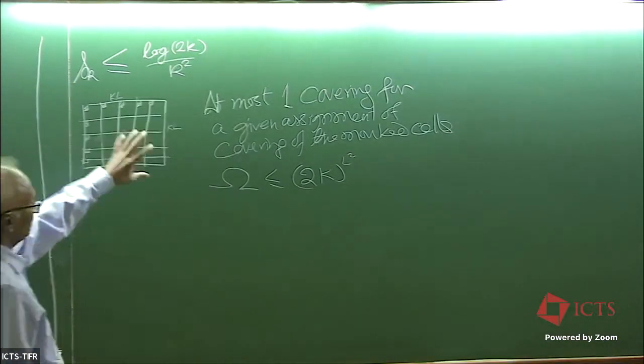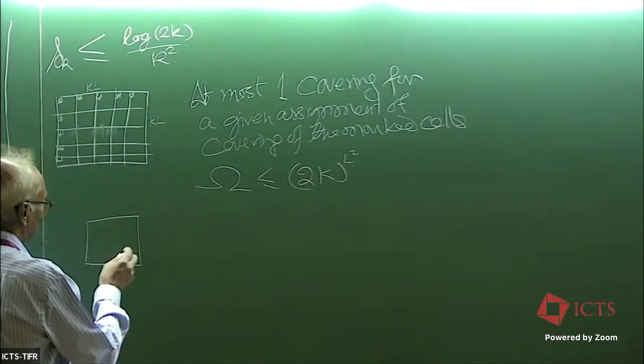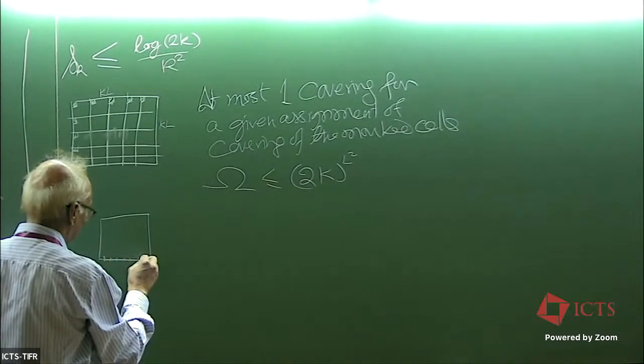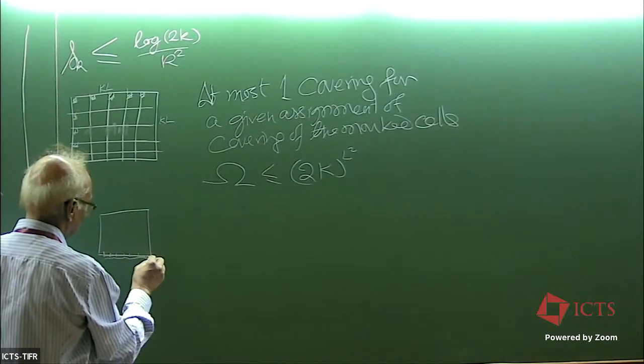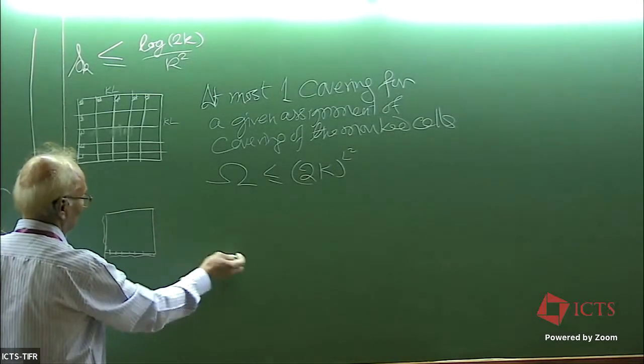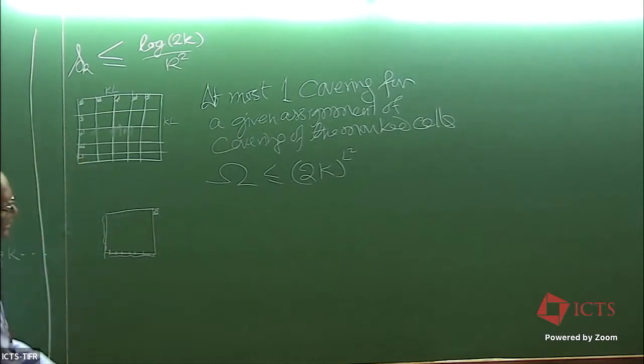The proof of this, I will just give an intuitive notion, is like this, that suppose I try to do this using transfer matrix. So I will say that I actually know the ways you can cover this part and this part here. And then I try to cover the rest. And I also know how to cover this. Then within this square, there is only at most one covering possible and no more. So then iteratively the proof goes through.